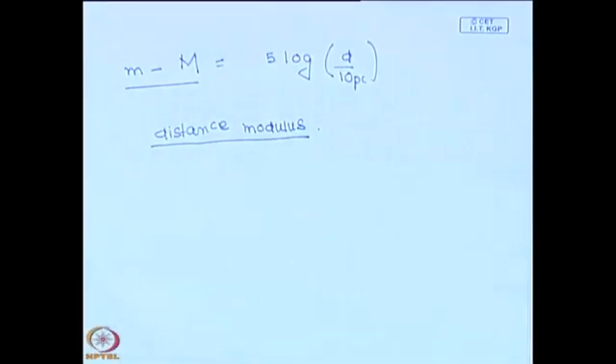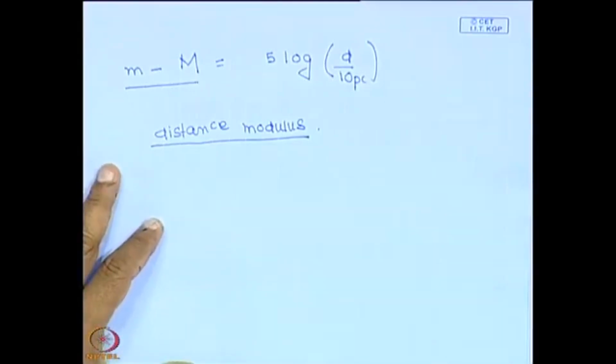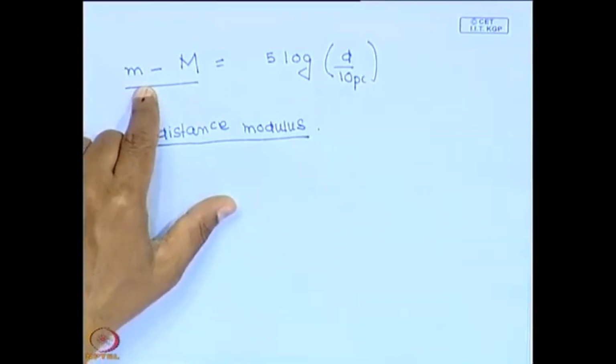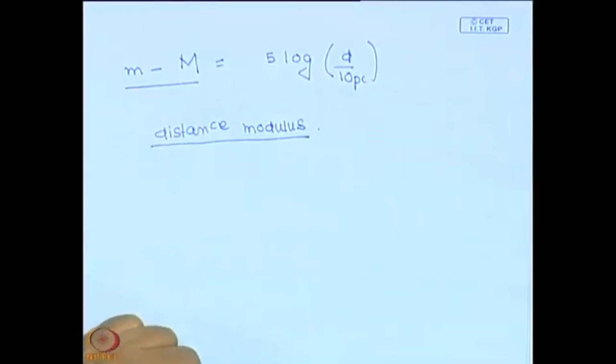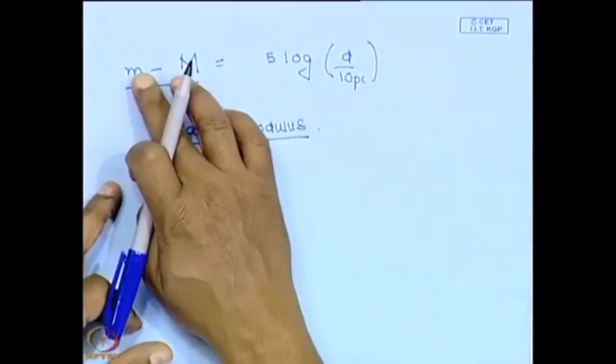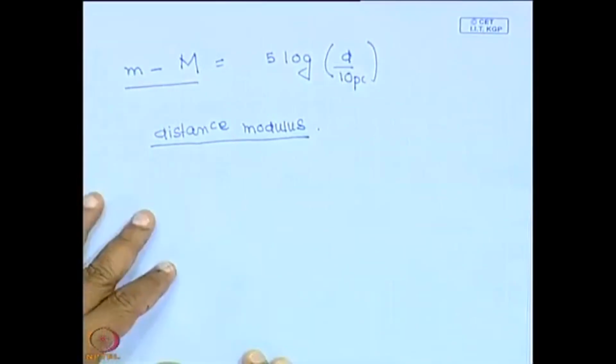Okay. Now there are two effects which need to be included in this. The first effect is the effect of extinction. For the same source, it could appear fainter due to extinction. The distance tells us that it will appear fainter, but it could also appear fainter due to extinction.